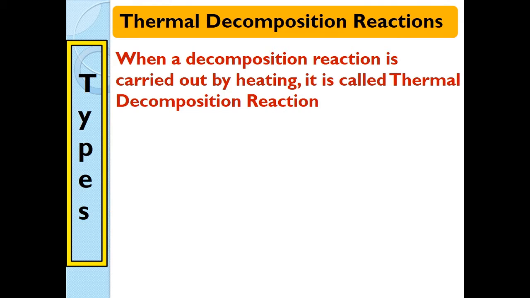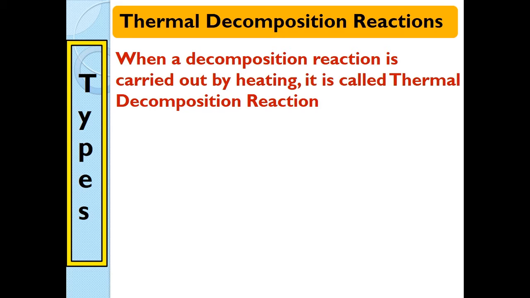Thermal decomposition reaction. When a decomposition reaction is carried out by heating, it is called thermal decomposition reaction. During activity 1.5 and 1.6, we saw decomposition reactions of ferrous sulfate and lead nitrate respectively.